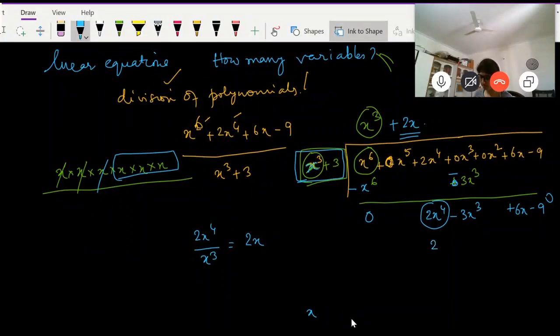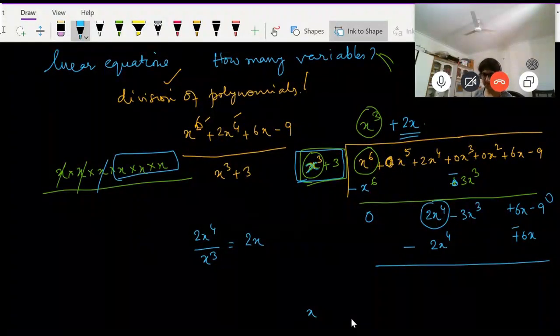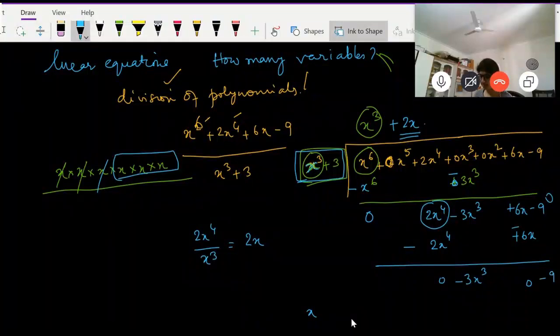So we get 2x^4 plus 6x, right? So again we subtract this. So this becomes 0, minus 3x^3 remains. This becomes 0, minus 9.